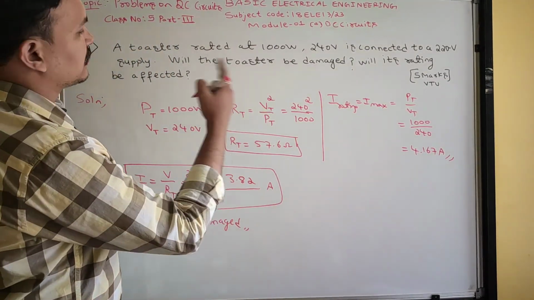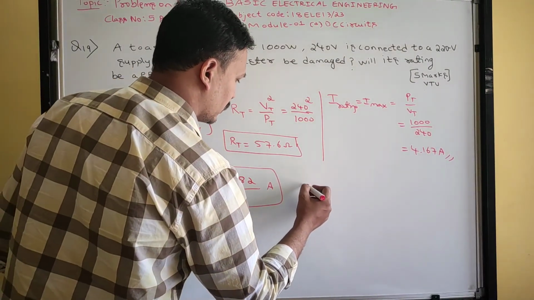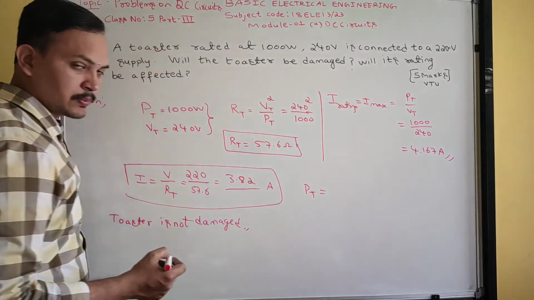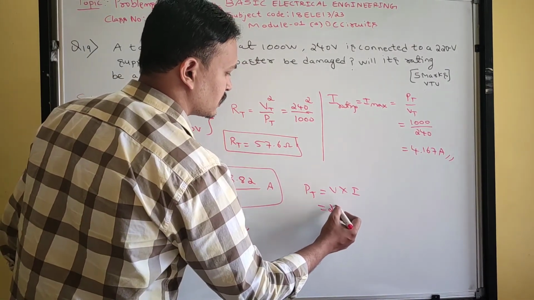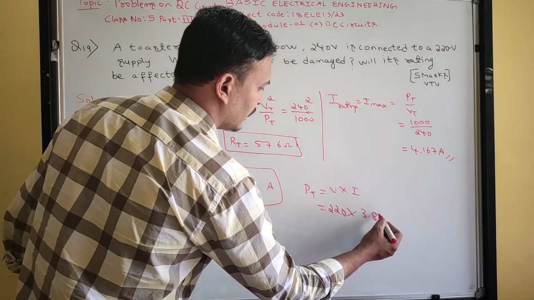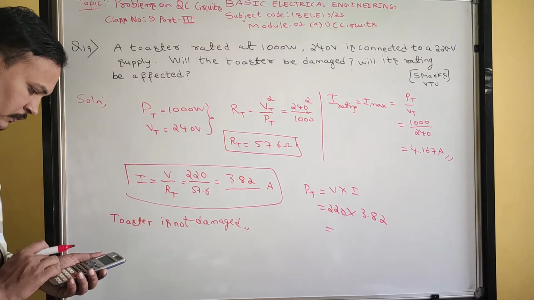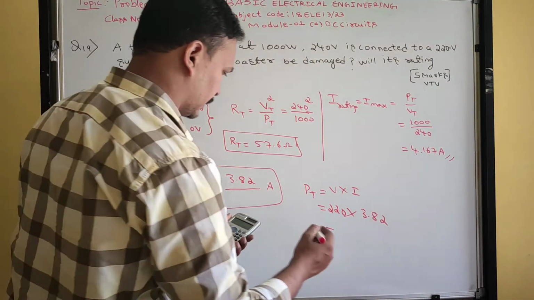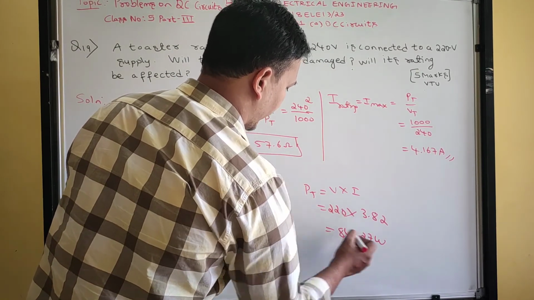Then will its rating get affected? Yes, the power rating will be affected. Now the new power rating is equal to, what is the power formula? Voltage into current. The voltage is 220 volts, the current is 3.82. Multiply this and you will get 840.27 watts.